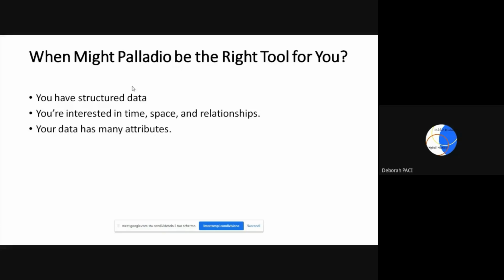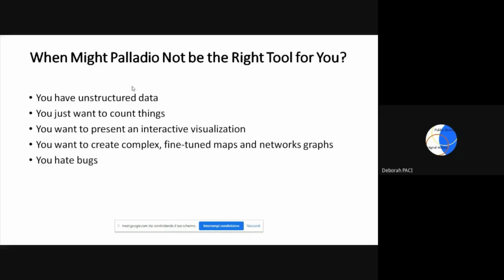over time and space. On the contrary, when might Palladio not be the right tool for you? It's not good if you have unstructured data. If you are trying to analyze, for example, a long text, like a poem or a novel, or monograph, Palladio won't help you much.